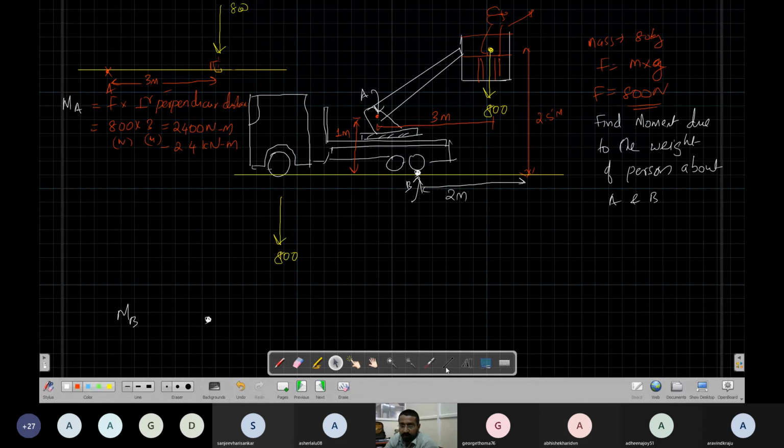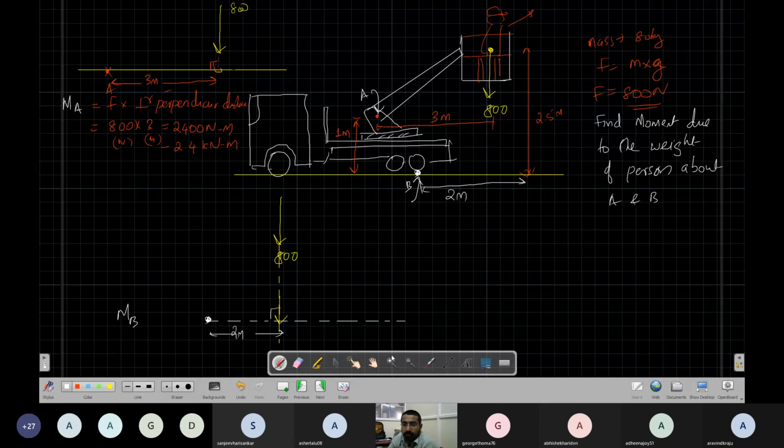I'll use transmissibility to transfer the force. The perpendicular line we are seeing is the line of action of the force. I'll draw the horizontal line here. These two will meet at 90 degrees. So this is 800 here. You can transfer the 800 to this point.